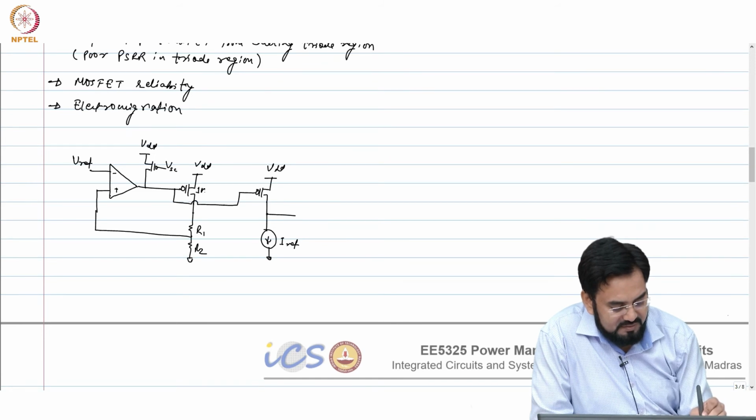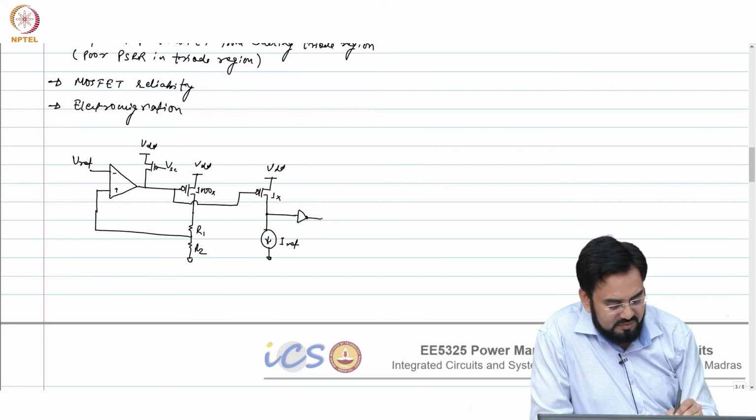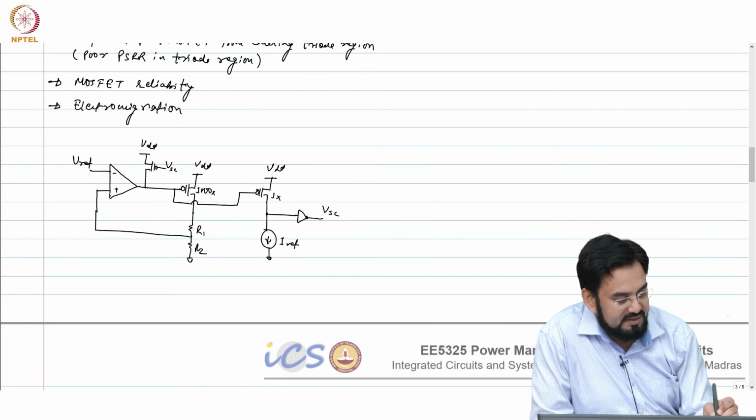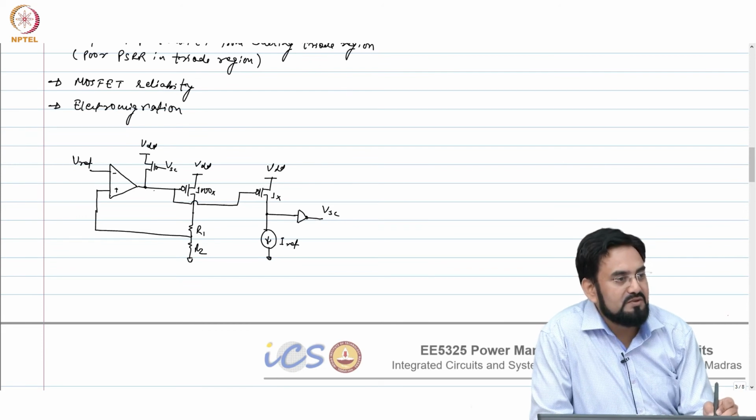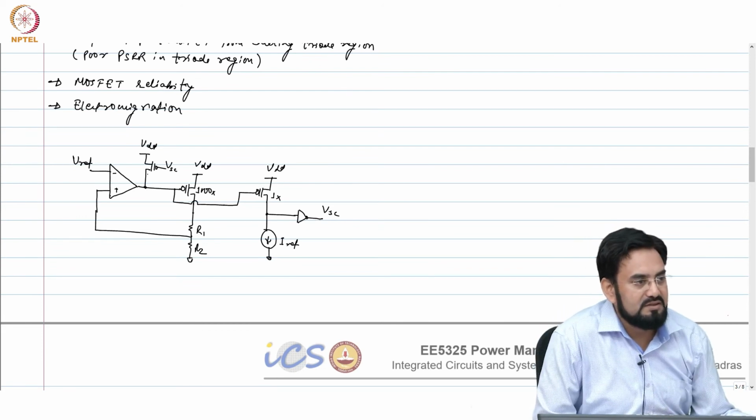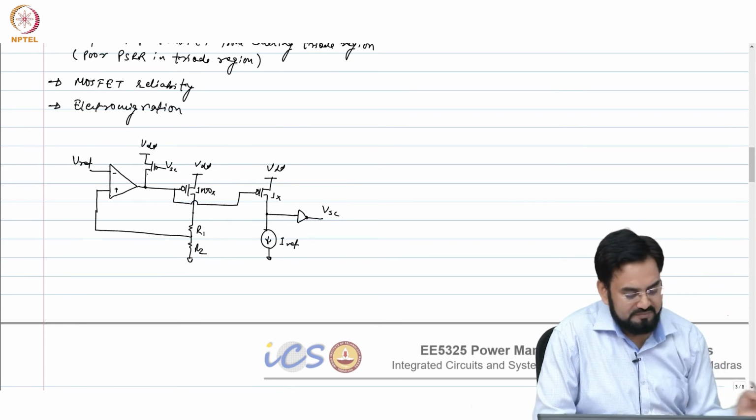So if this is then 1000x, you make it 1x device. So if this goes high, this will go low, you make it VSC, and it will turn on this device and the gate will be pulled up to VDD and it will turn off this. Okay.